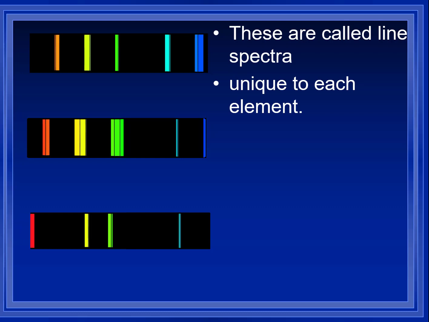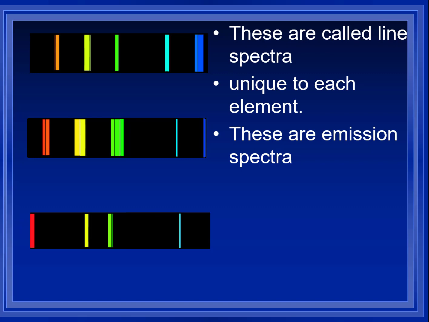Now, we were looking at the colors that they gave off, so these are also called emission spectrum. So when you wrote that they couldn't explain the line emission spectrum of hydrogen, they couldn't explain those lines you saw in hydrogen.